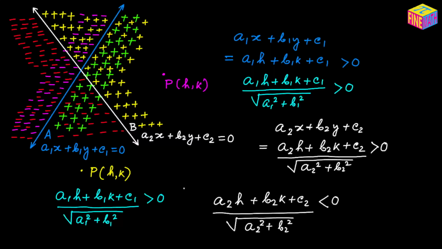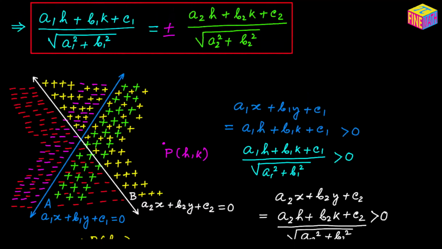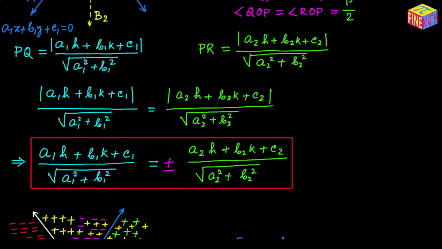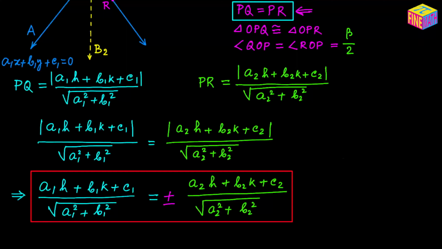So now you see we are getting one distance as a positive value and another distance as a negative value. But in our original equation PQ equals PR, those are nothing but positive distances. We are simply talking about distance without any sign. The PQ and PR, here we have no sign.